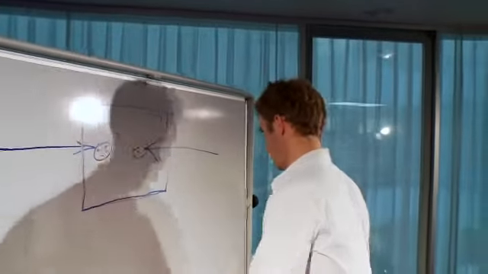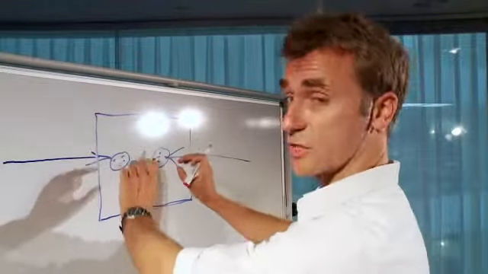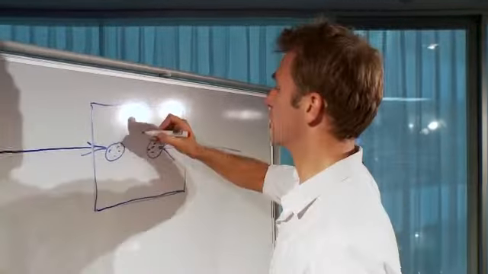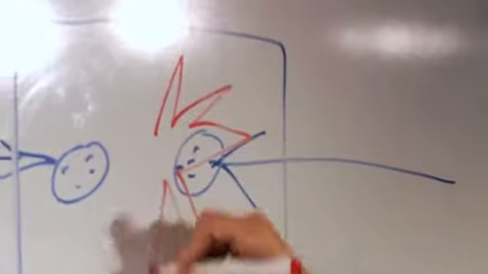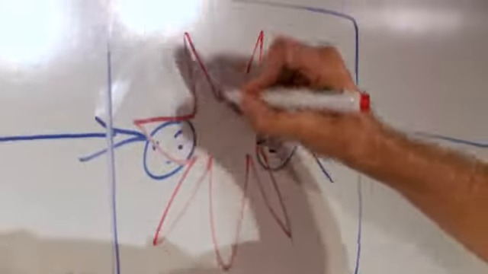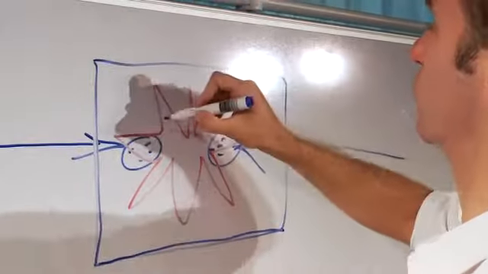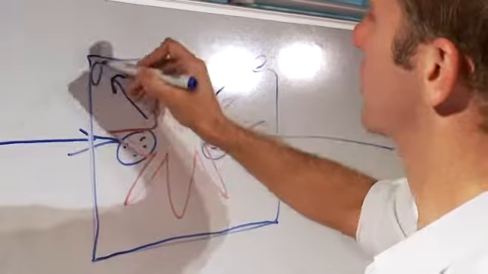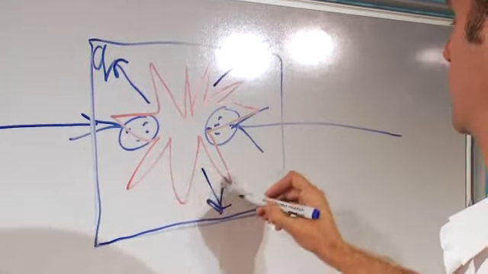So what happens? Well, when these two particles collide, and it's actually the constituents of the protons that collide, you get a very tiny but very energetic flash of energy. You will get electrons coming out, you will get quarks coming out, you will get light coming out.